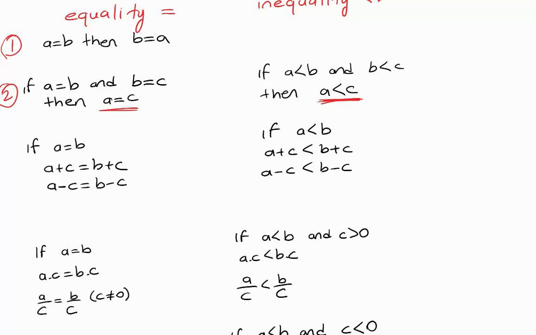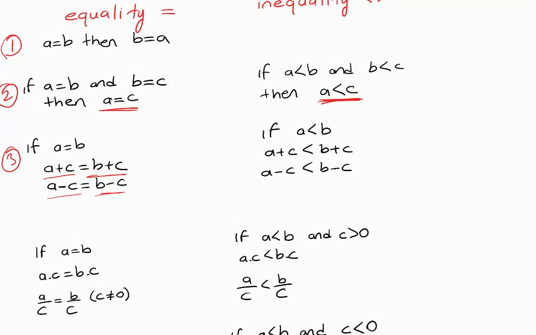Okay, and third, if A equal B and we use another number C, if we add C to both sides of the equality, the equality will not change. Similarly, if you subtract C from both sides, it will not change.